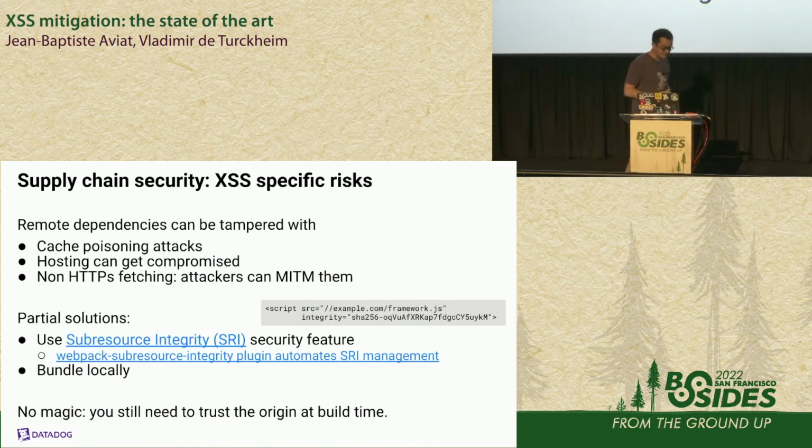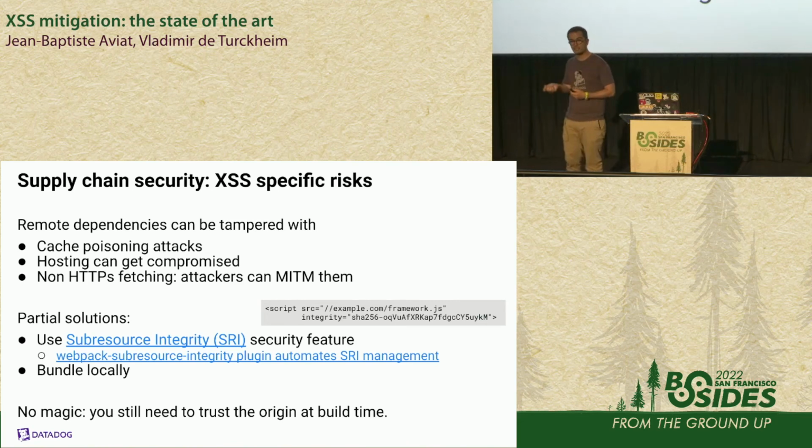Obviously, supply chain security is also a big part of the game. So all the remote dependencies that are included by a web application can be tampered with. You could have cache poisoning attacks. The hosting can get compromised, and non-HTTPS fetching, because attackers could man-in-the-middle the dependencies.